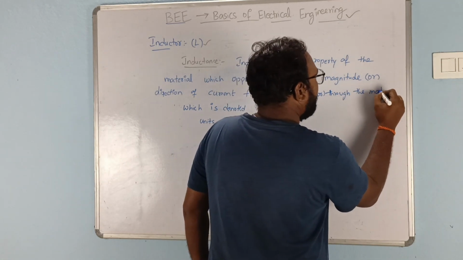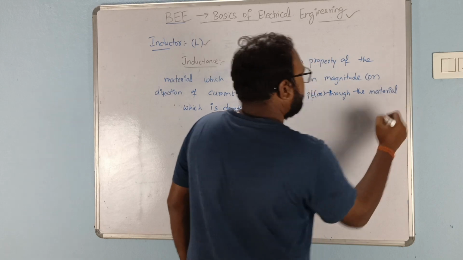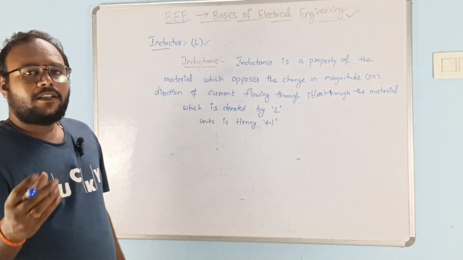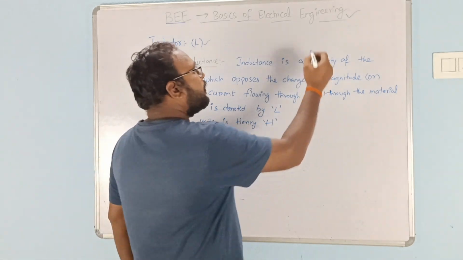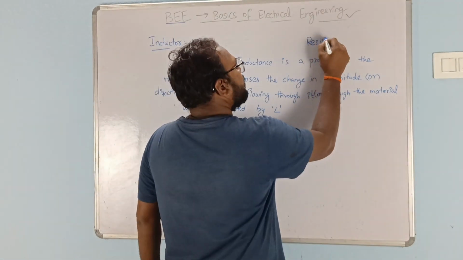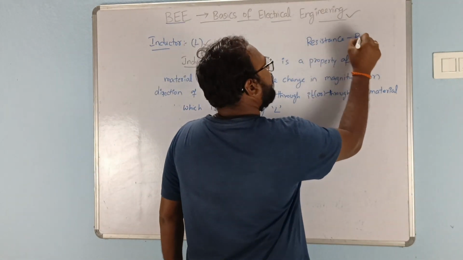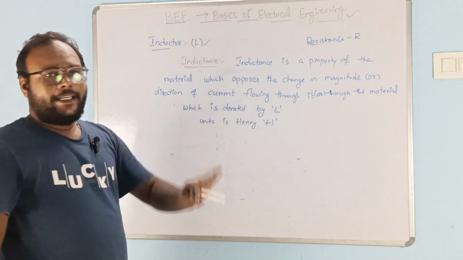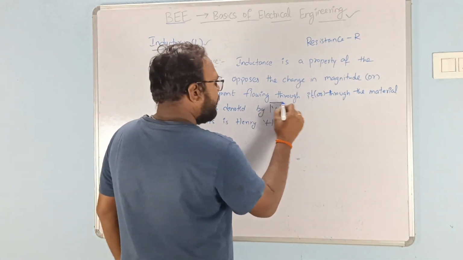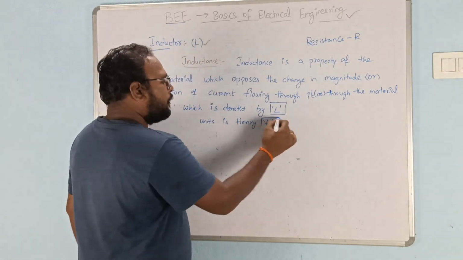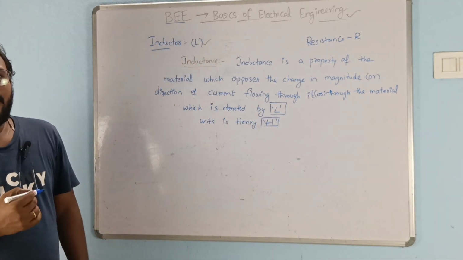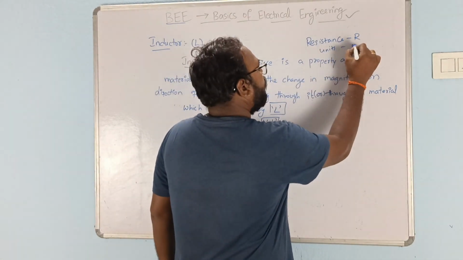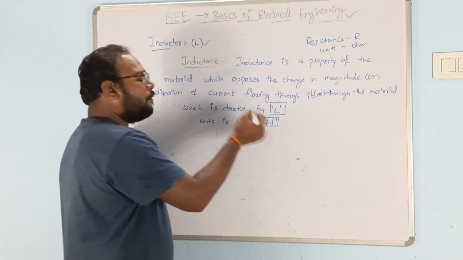We can use any of these sentences. Just as resistance is denoted with R, the inductance is denoted by L, and the unit of inductance is Henry, while the unit of resistance is ohm.